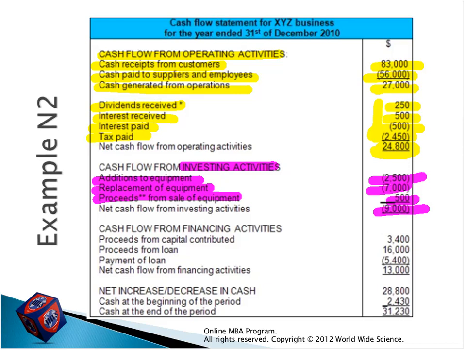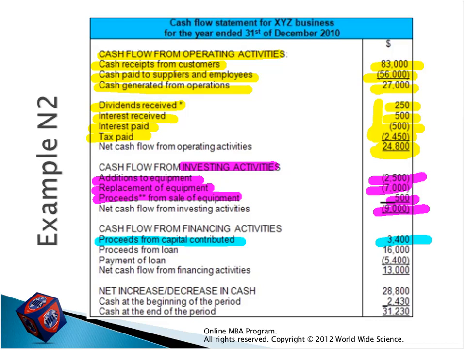Okay, next one, we have cash flow from the financing activities. Proceeds from the capital contributed. That means we have contributed money and already received some earnings, 3,400.